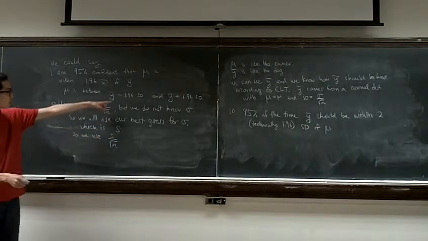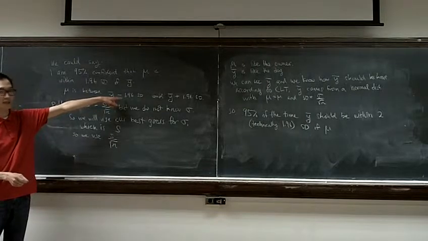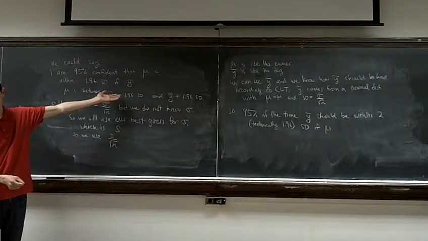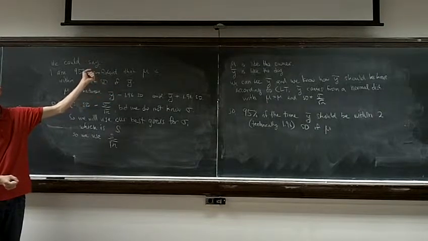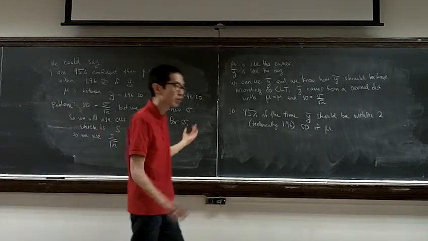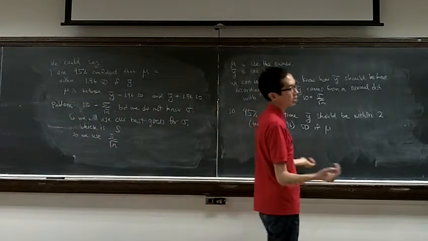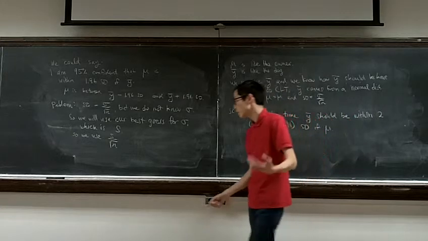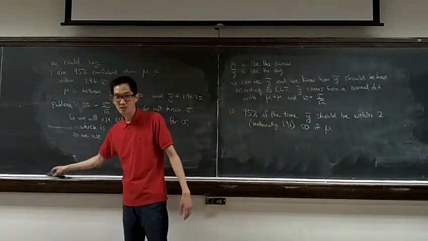But to compensate, what should I do? Instead of 1.96, I should use a different number. Should that number be bigger or smaller? Just to be safe, bigger. It should be bigger, okay? But how much bigger? Well, that's a much more difficult question.